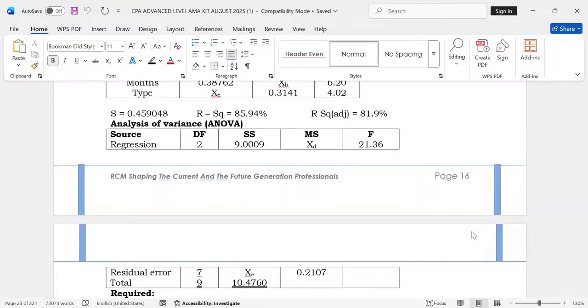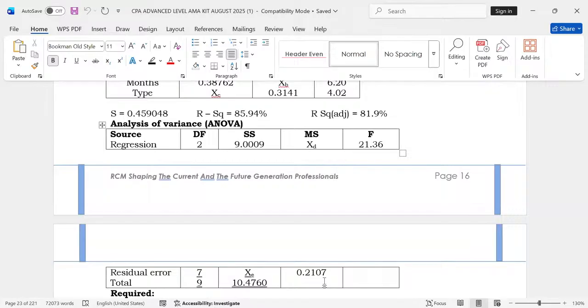We have regression, which we have just called explained, and the MSS we got was 4.5005. Then we have the residual, which we are also calling unexplained, the residual error, and you can see it is 0.2107.